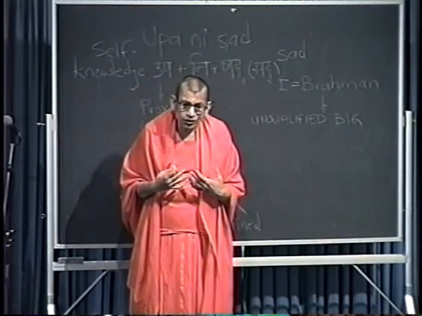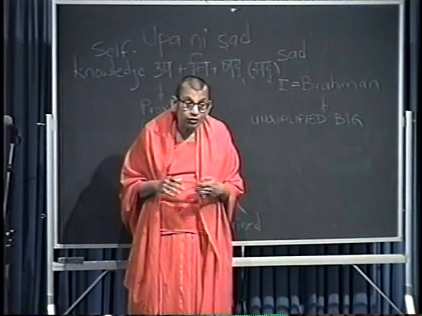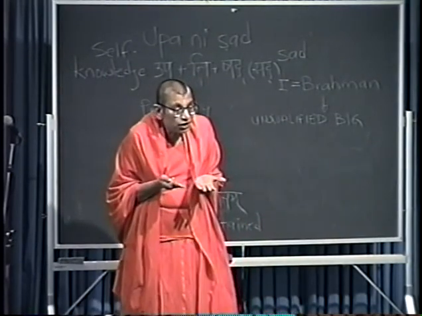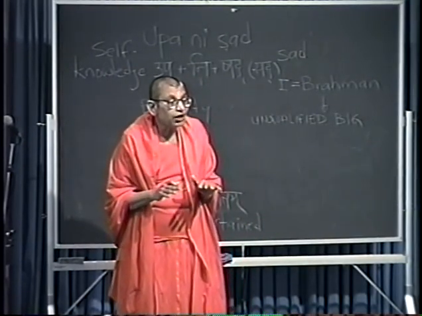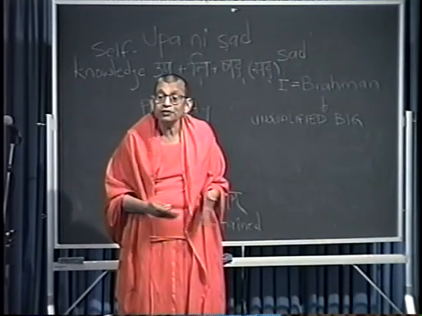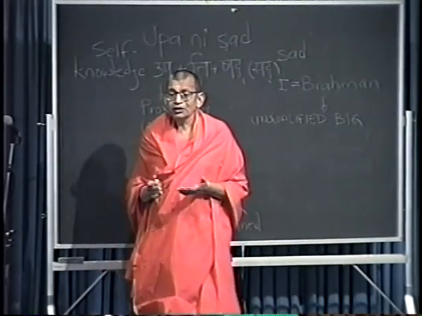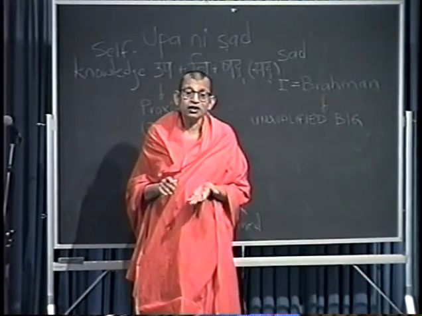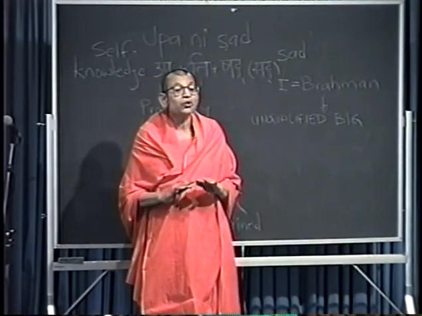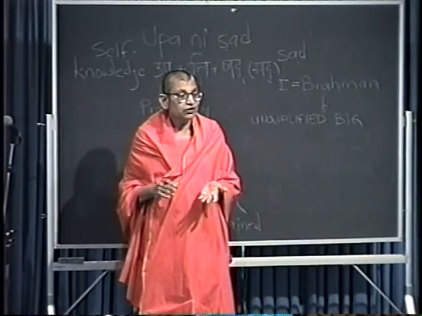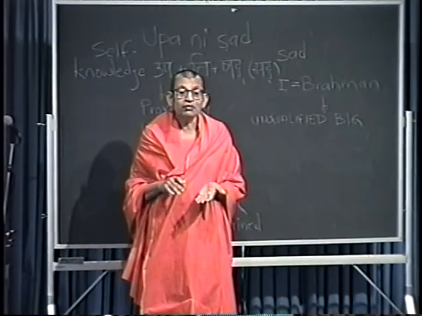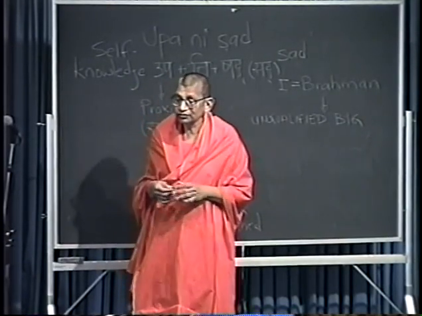Because had I been really limited, I would have no problem in being limited. If being limited was my nature, then I would have had no difficulty in accepting the limitation. As you said, this is a general rule, that a thing has no difficulty in accepting its own nature. The difficulty comes when I am deviated from my own nature.